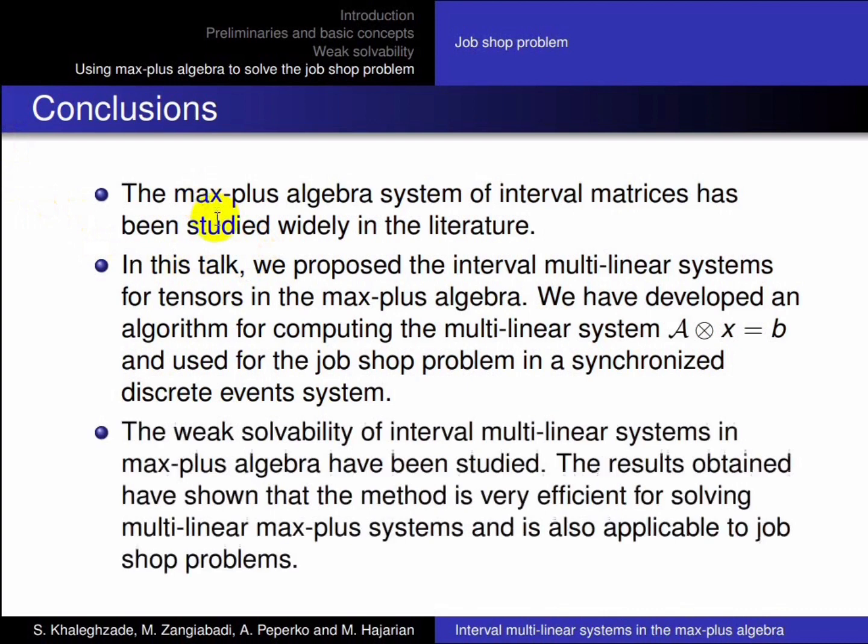The weak solvability of interval multilinear systems in max-plus algebra has been studied. The results obtained have shown that the method is very efficient for solving multilinear max-plus systems, and it is also applicable to job shop problems.